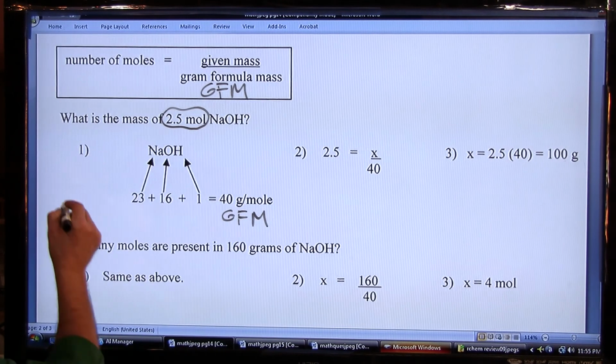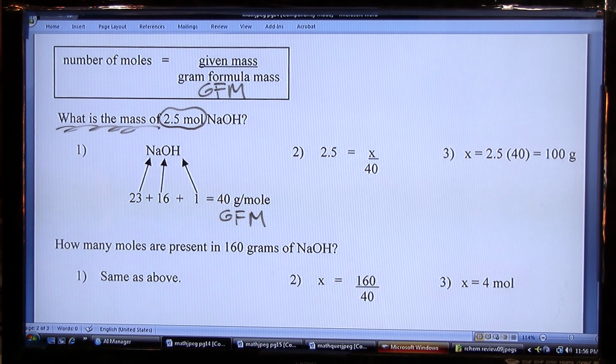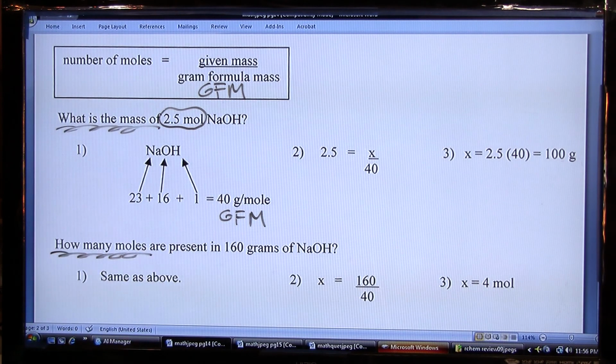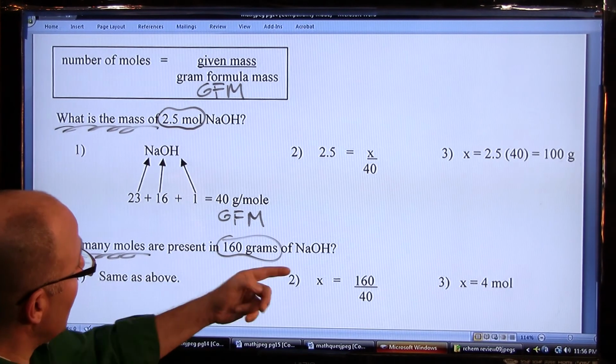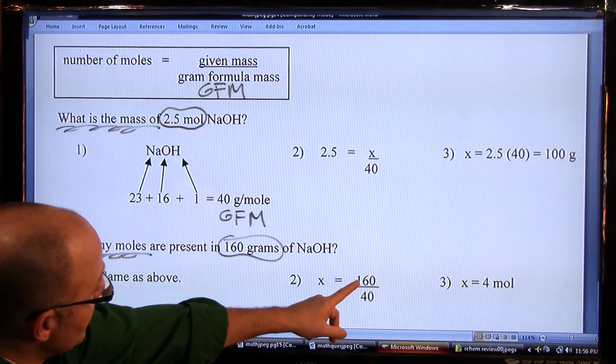So they could either ask you what is the mass of a certain number of moles, or they could ask you how many moles are present in a certain number of grams. So here they gave you 160 grams of the same compound, NaOH, so the given mass is 160.